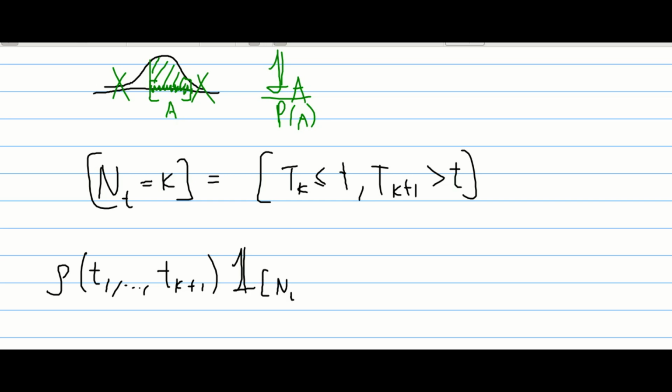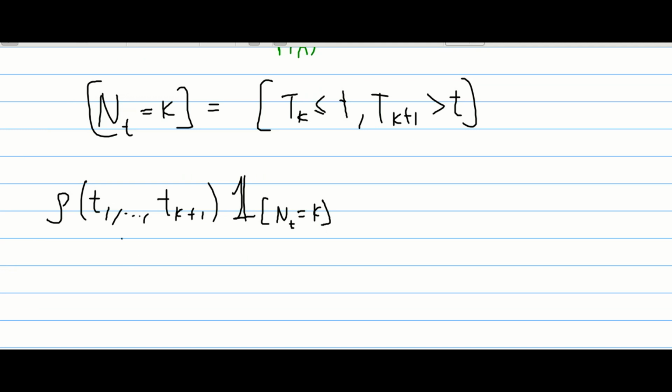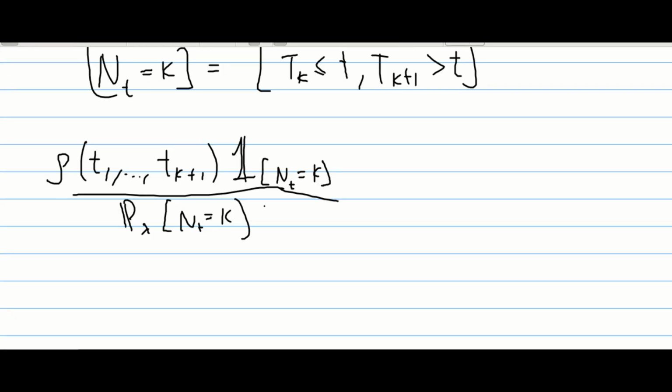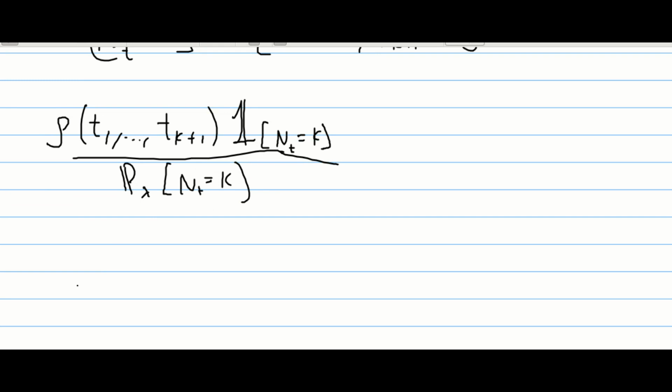I'm going to keep writing like this, but I just wanted to motivate that we need t_{k+1}. And we divide by the probability that N_t equals k. So this is what we want to do in order to know the distribution of these variables here. So what's the density that we already estimated?